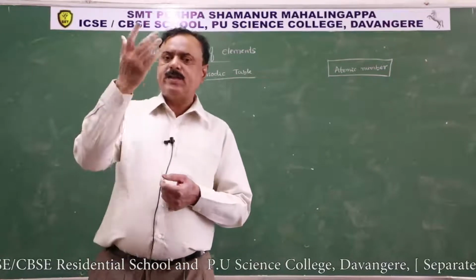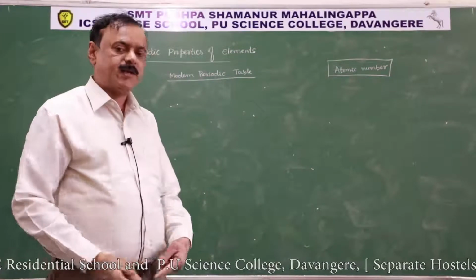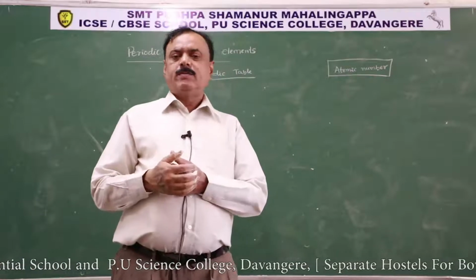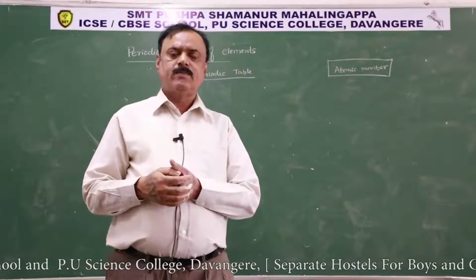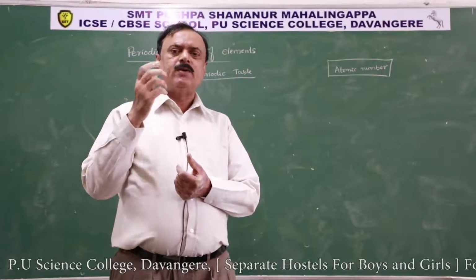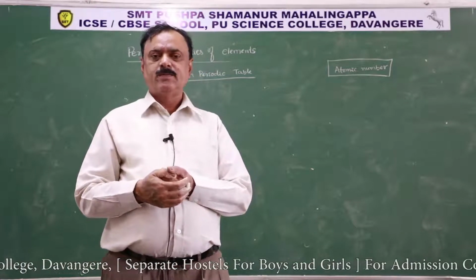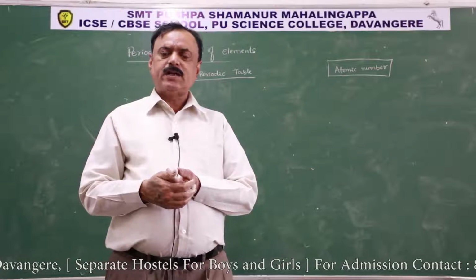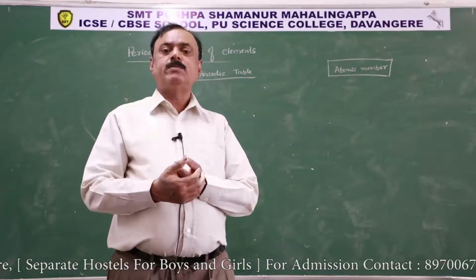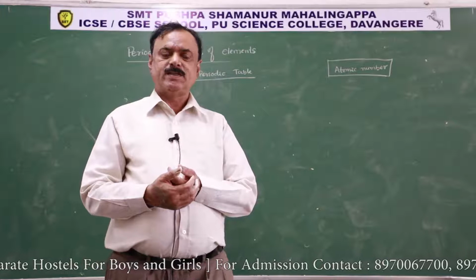In the beginning, they thought that the properties were based upon atomic weights. But whenever they found that the newer elements possess a higher mass number, then those elements would be unstable. For example, in F block elements.